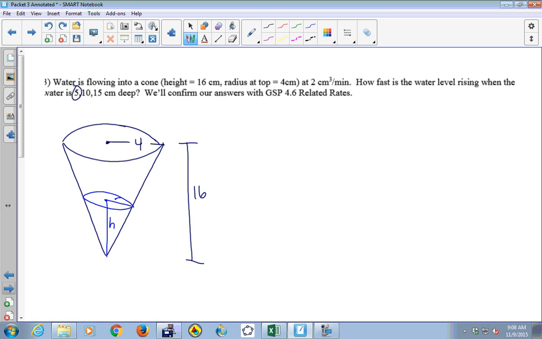All right, so that looks like I've put in all the things that I can. I've labeled the constant things and I've labeled the things that are changing in that picture. So now let's write out, what do we know? What do we want? Okay. What do we know?